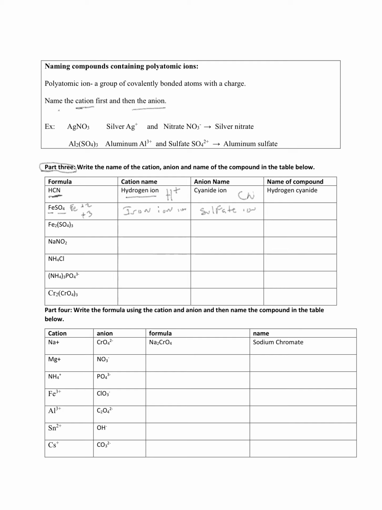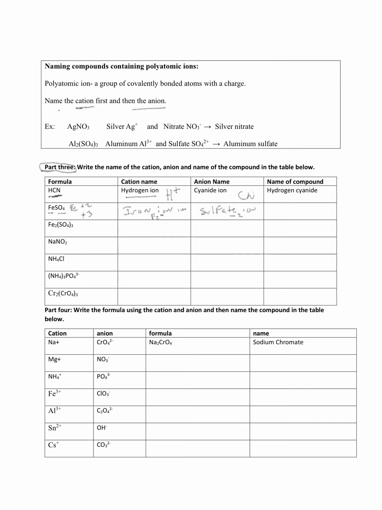So we have to figure out which one we're going to use. Since the sulfate ion has a -2, and we only have one of each, that means we have only one iron, which has a +2 charge.